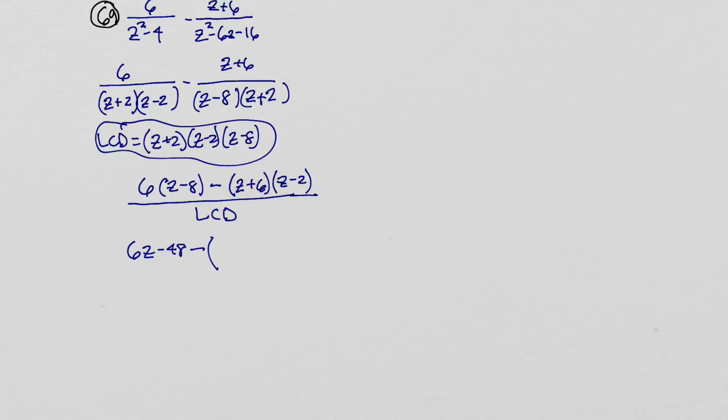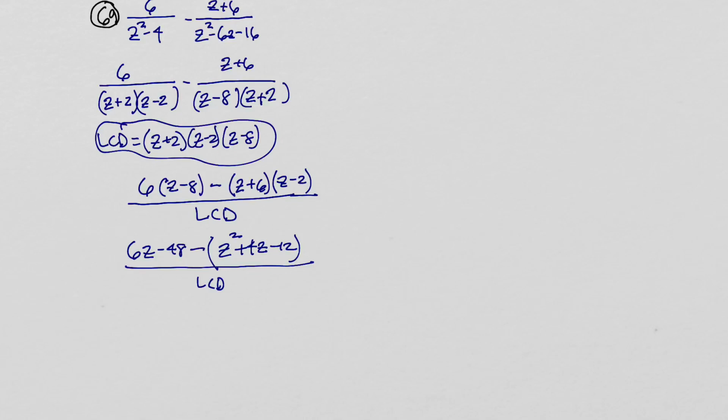So let's multiply through here. We'll get z squared. Now, what do we get? Minus 2z plus 6z is plus 4z, and then minus 12. And the whole thing's over that LCD. Now I'm going to keep writing LCD until I can't do any more to the top.